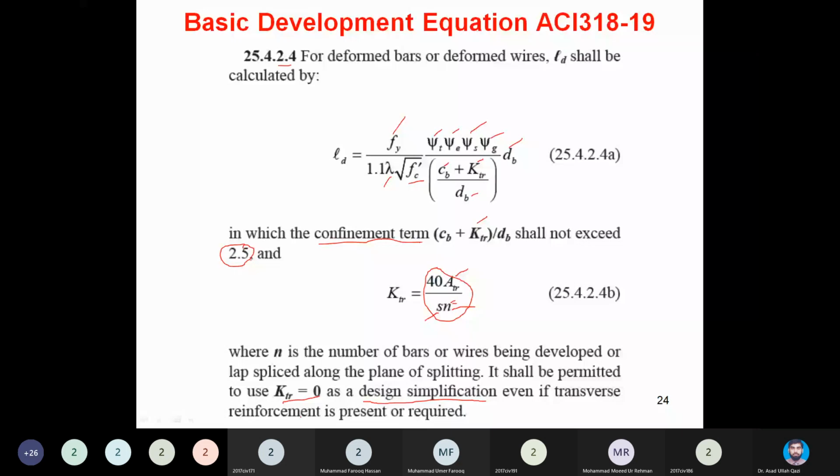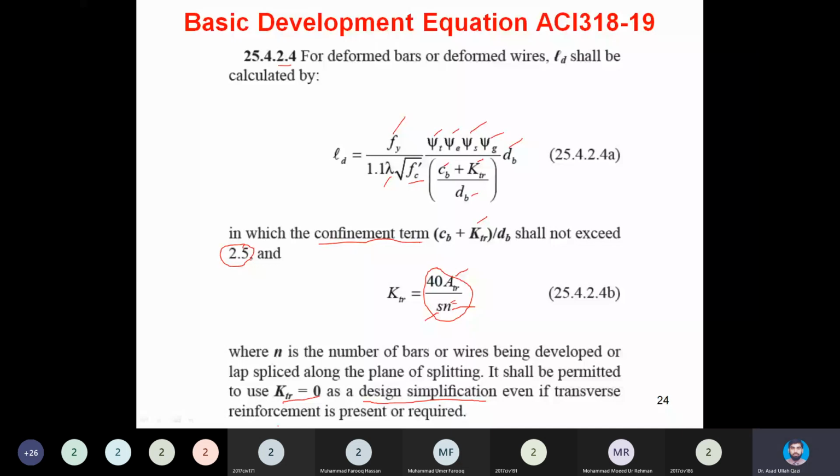favor, but as a matter of fact, with this KTR 0, although the ties and confinement are present, you are using KTR equal to 0, it means you are reducing the denominator, and it means you are increasing the LD.